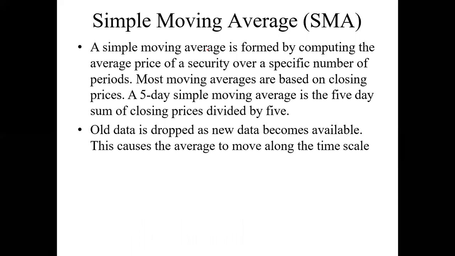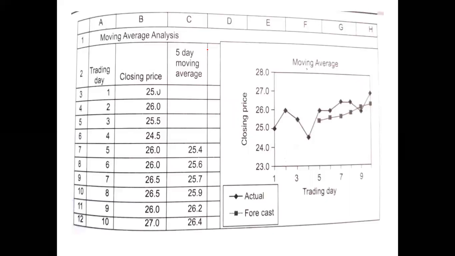Simple moving average is formed by computing the average price of a security for a specific number of periods. Most moving averages are based on closing prices, and a 5-day simple moving average is the 5-day sum of closing prices divided by 5. Let's see an example. These are the trading days we can see in the chart: first day, second, third, fourth, fifth, sixth, seventh, eighth, ninth, 10th.